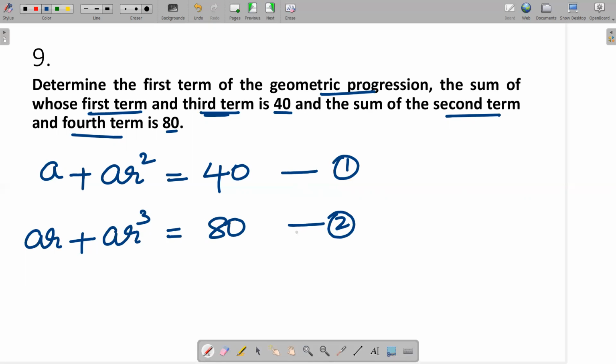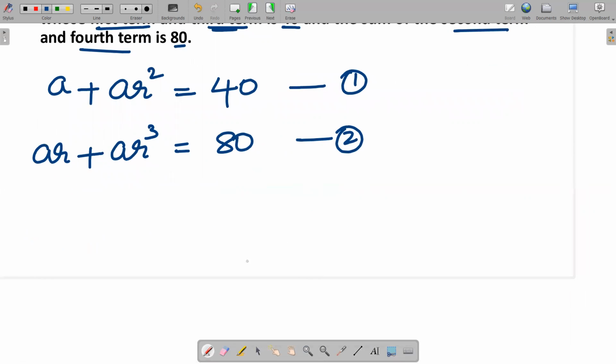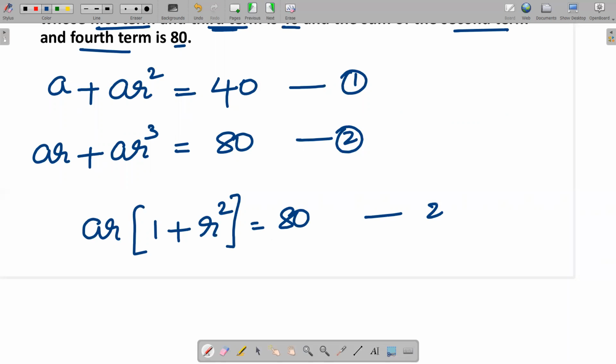So we have A plus AR square is 40, and AR plus AR cube is equal to 80, as you can see. Now, from the second equation, if I pull out AR, I have AR into (1 plus R square) equal to 80. This is equation 2. From the first equation, if I pull out A, I have A into (1 plus R square) equal to 40.